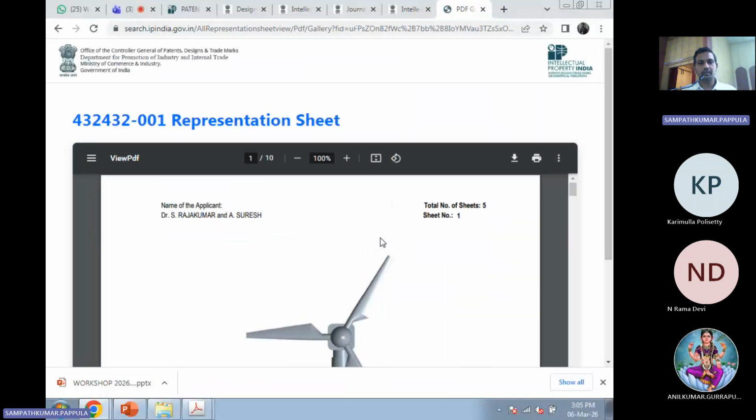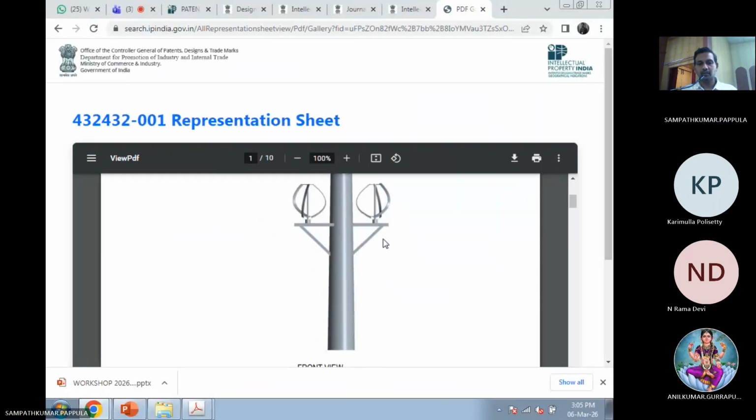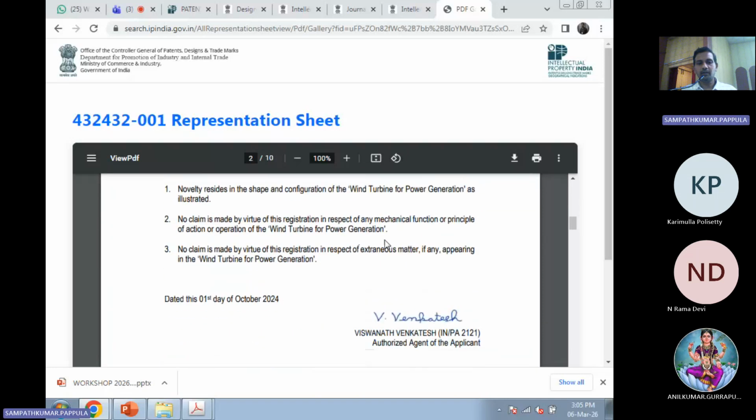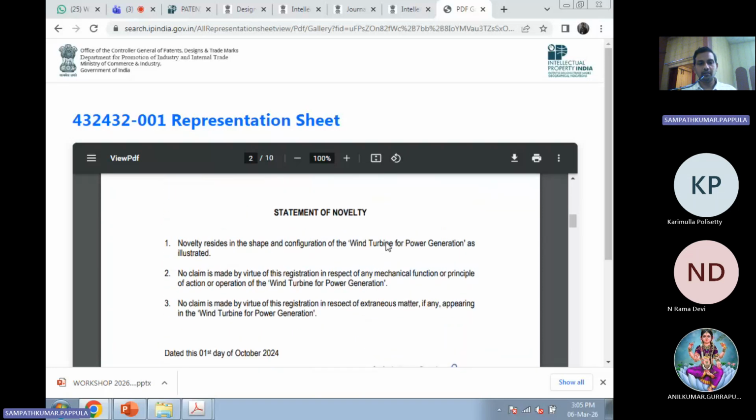Representation of the sheet. Statement of novelty, we can see what the novelty is. Shape and configuration of the wind turbine for power generation as illustrated. This is the claim. Registration is not in respect of any mechanical function or principle of action or operation of the wind turbine for power generation.